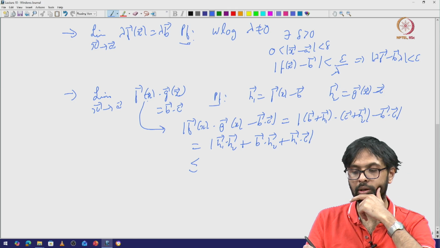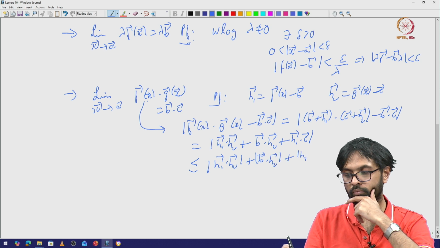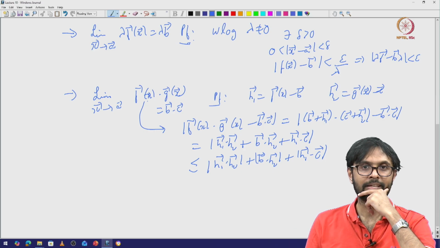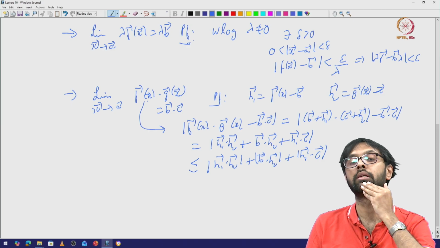Now by the triangle inequality, so all these steps are more or less the same as what you would do in one variable calculus.